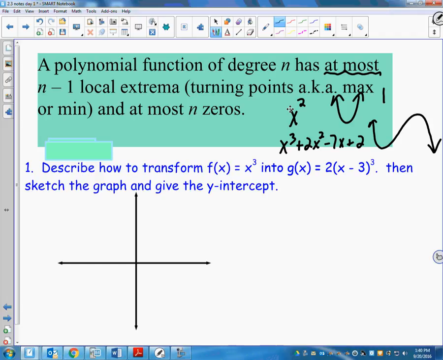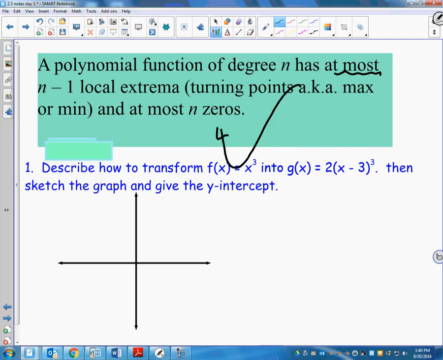So sometimes they give you graphs and they make you match them up. And one thing you can do to help match them up is look at the degrees. So if I gave you something like this, how many turning points does that graph have? 4, right? 1, 2, 3, 4, which means this could be at most what degree of a function?